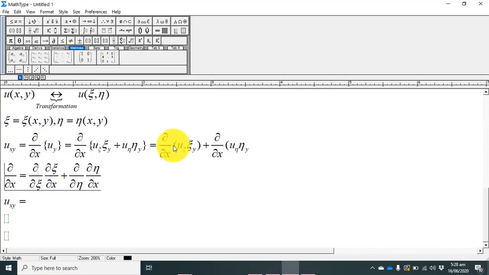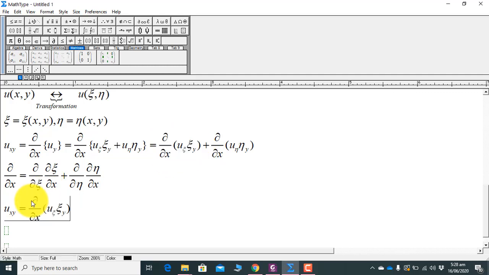If we apply the product rule, the answer will be something like this: first function times derivative of second, plus second times derivative of first.